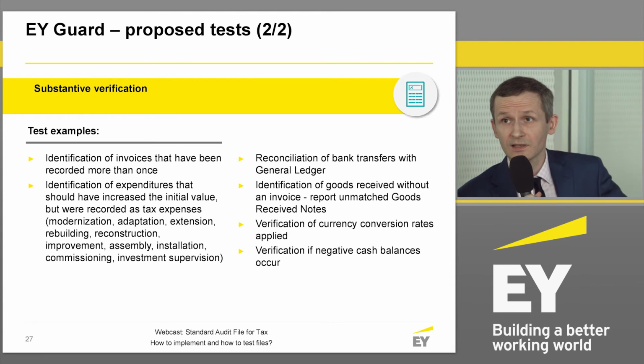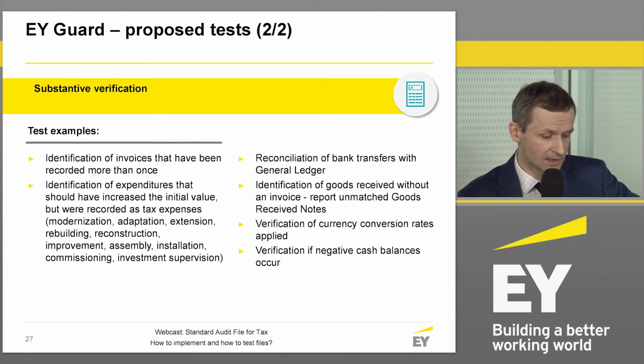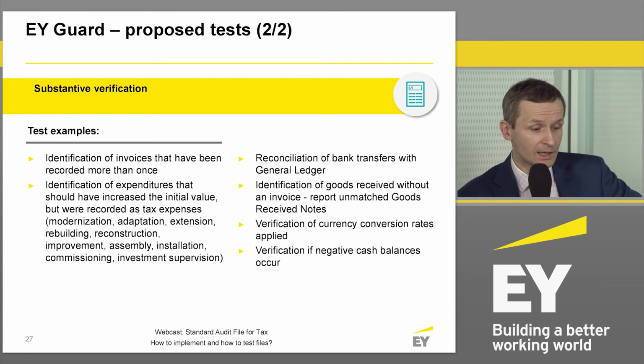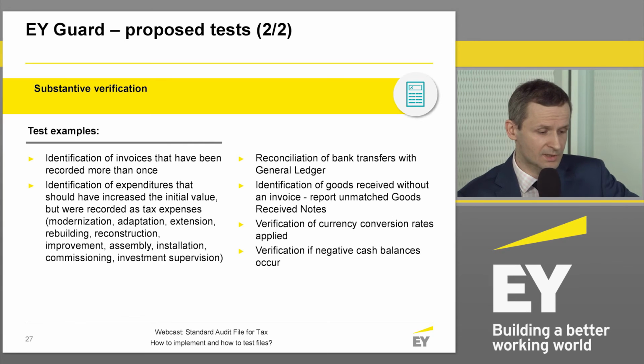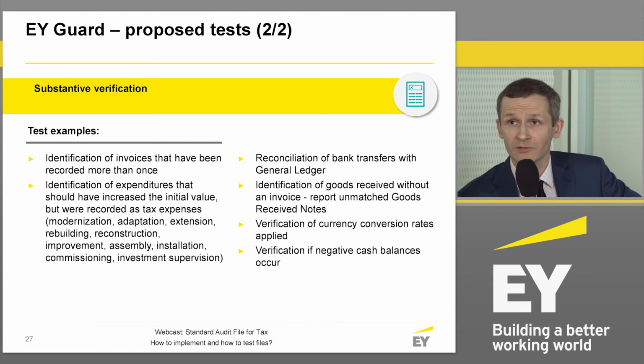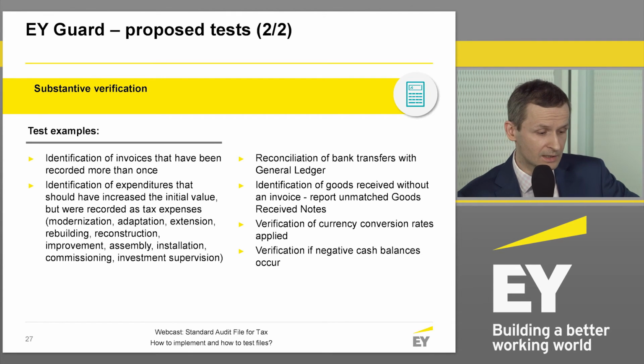And just the last slide about the substantive testing. Just a few examples. Here are the tests that need additional verification by a tax professional, and a simple example of such a test is identification of duplicate invoices.